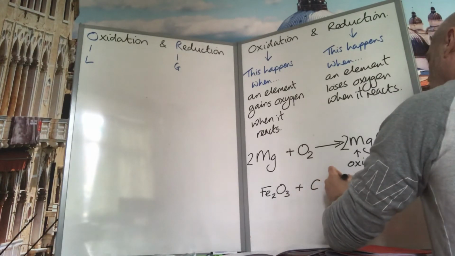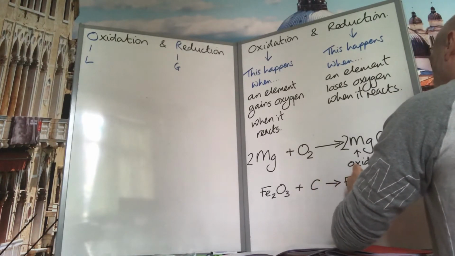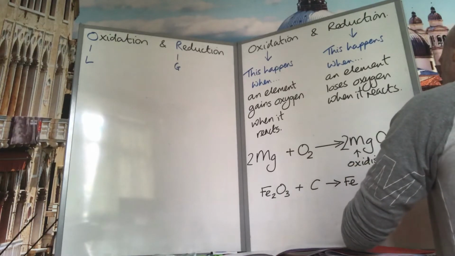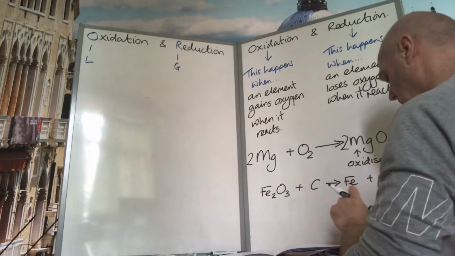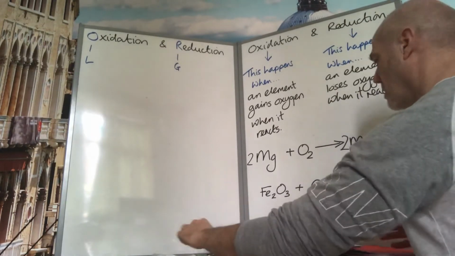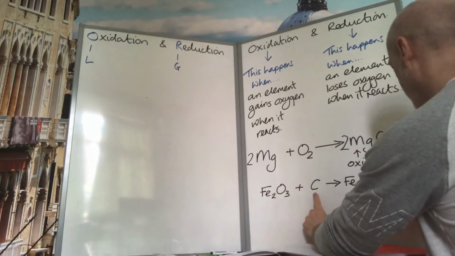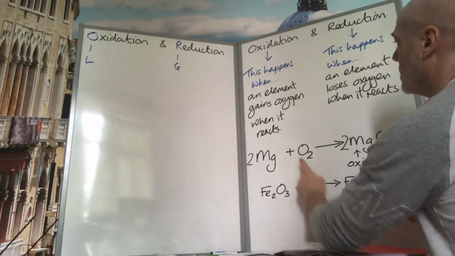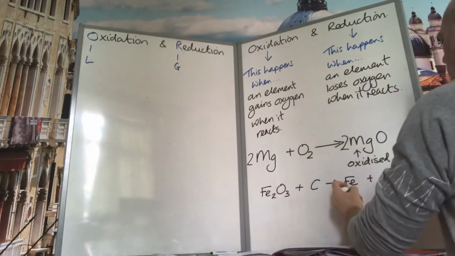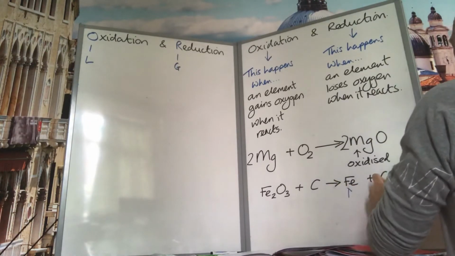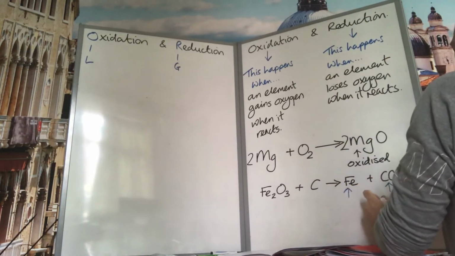React them together, it gives us iron plus CO2. Okay, so let's look at what's been oxidized and what's been reduced. The carbon has gained oxygen. So if it's gained oxygen, it's been oxidized. Okay? So this has been oxidized.